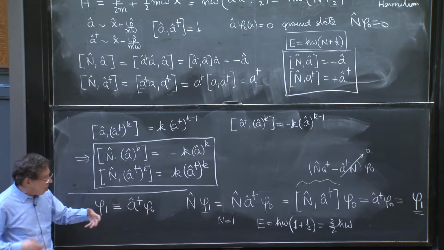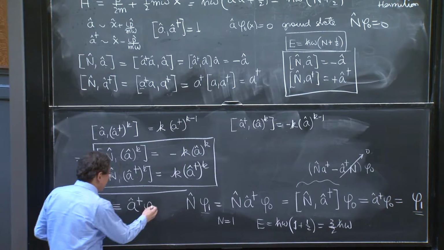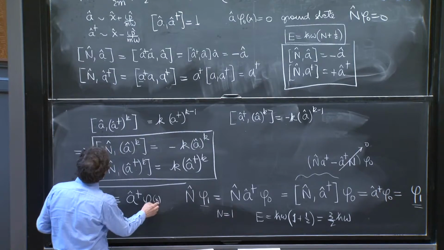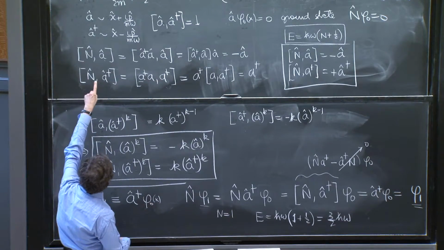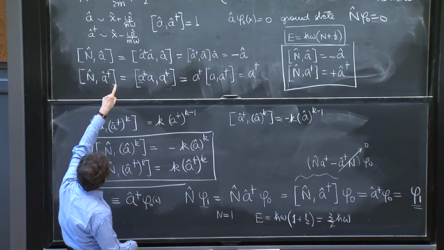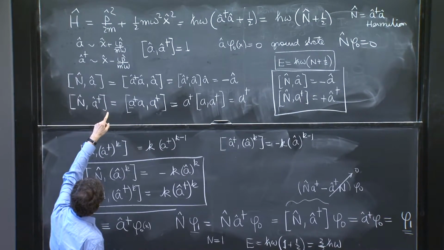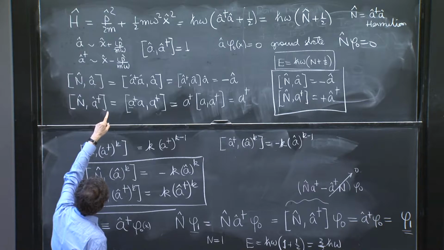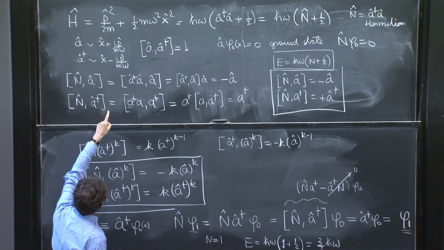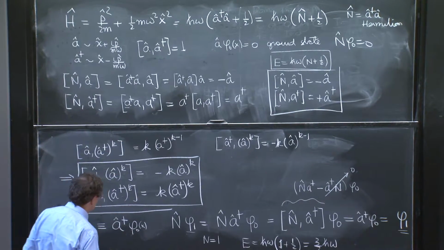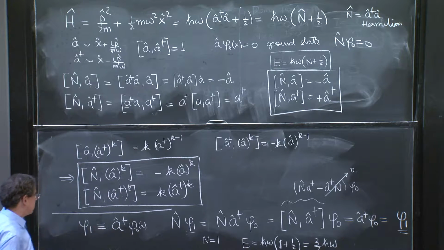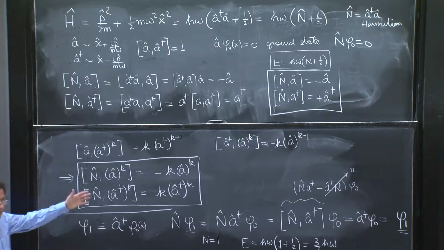How is this concretely done? Remember, you had phi 0 of x, what it is, and a dagger over there is x minus ip over m omega, so this is x minus h bar over m omega d/dx. So you can act on it. It may be a little messy, but that's it.